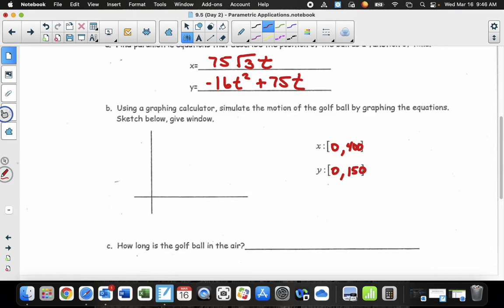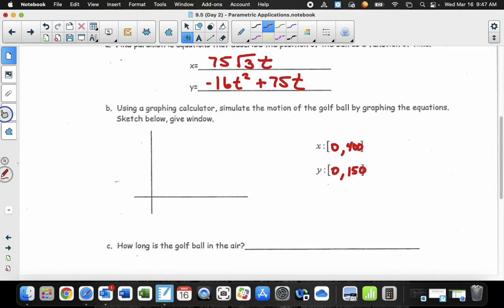When you type this in, quick heads up: notice right now when I put the square root of 3 and hit t, the t would be under the square root, and you don't want it under the square root. So be careful that you arrow off to the side after the square root so that it is not underneath. Okay, so there's our first equation. And the second one we came up with was negative 16t squared plus 75t.